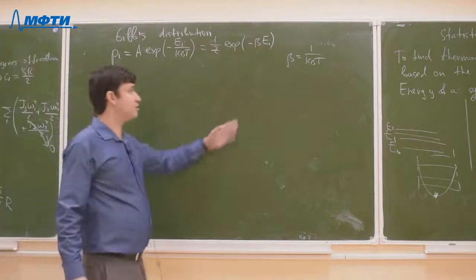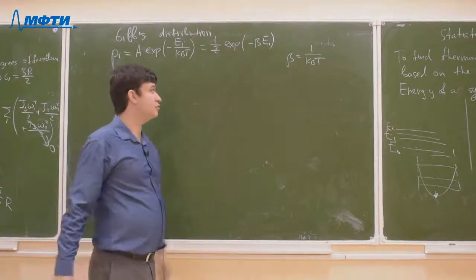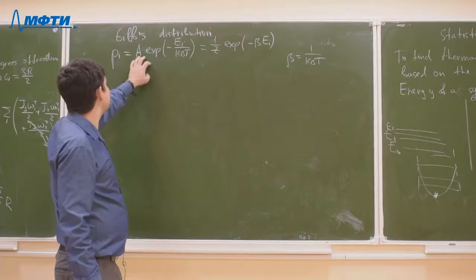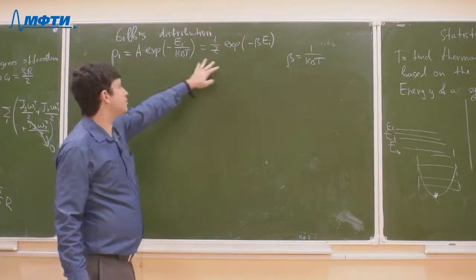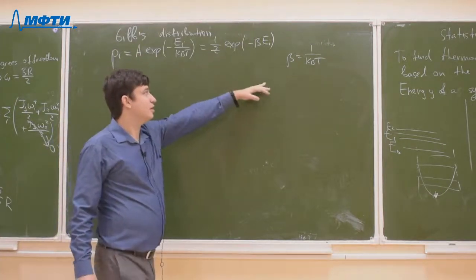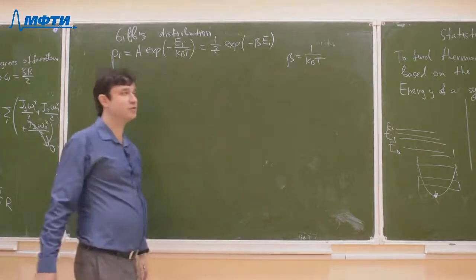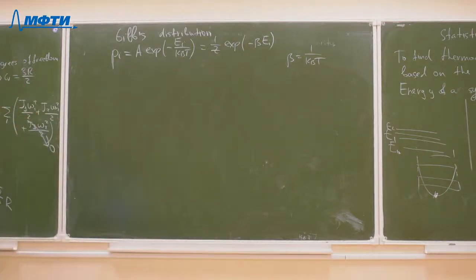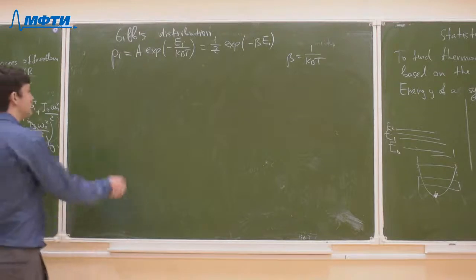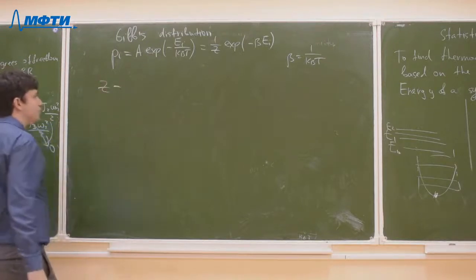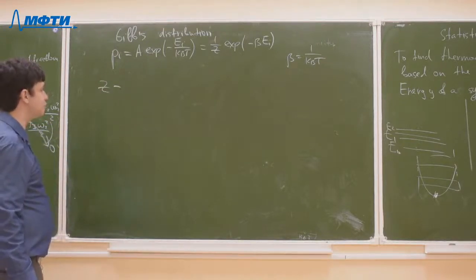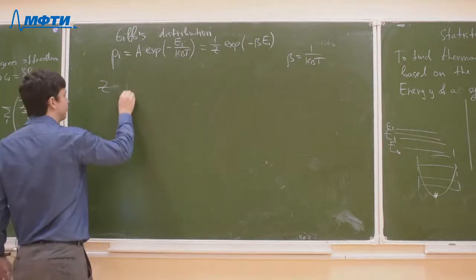It's just a convention in statistical physics to denote this normalization constant as 1 over Z and introduce this quantity beta. Z has a very special name. The inverse normalization constant is called the partition function.